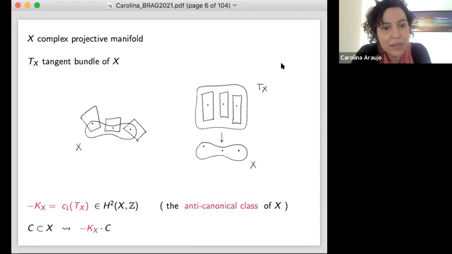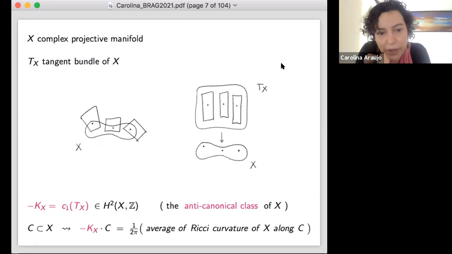This means that whenever you have a complex projective curve C on X, we can intersect it with minus K, the anti-canonical class, and this is going to be an integer. And this number, up to a normalization of 1 over 2 pi, is the average of the Ricci curvature of X along C. So the anti-canonical class is a way of measuring curvature of our complex projective manifolds.